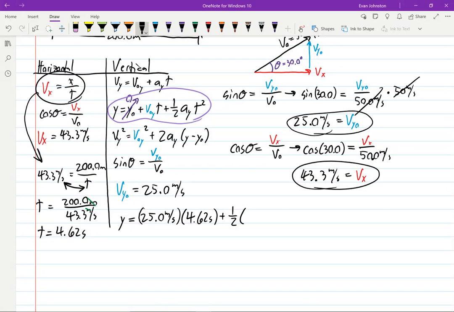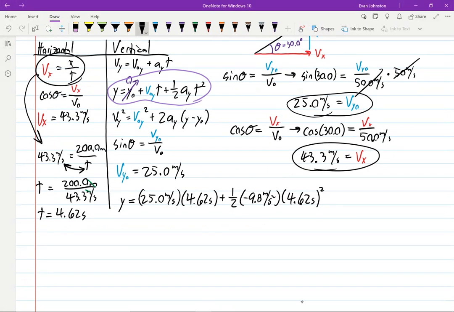Gravity is in the negative direction though, so negative 9.8 meters per second squared, times our 4.62 seconds, and we have to square that time. Now, I do this all in the calculator in one step. I literally enter it in exactly as you see it.